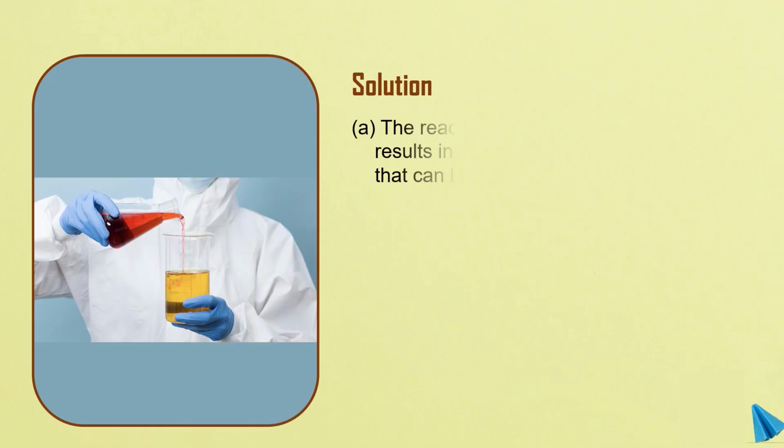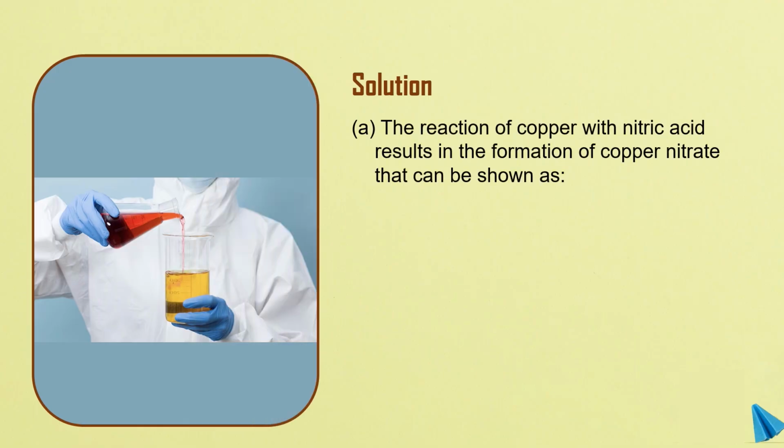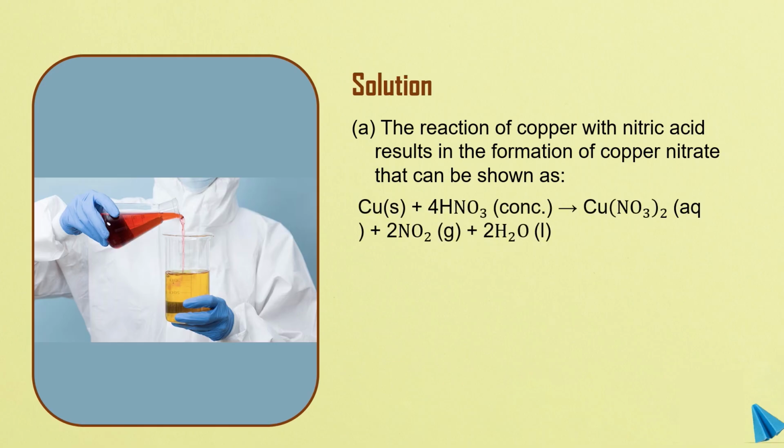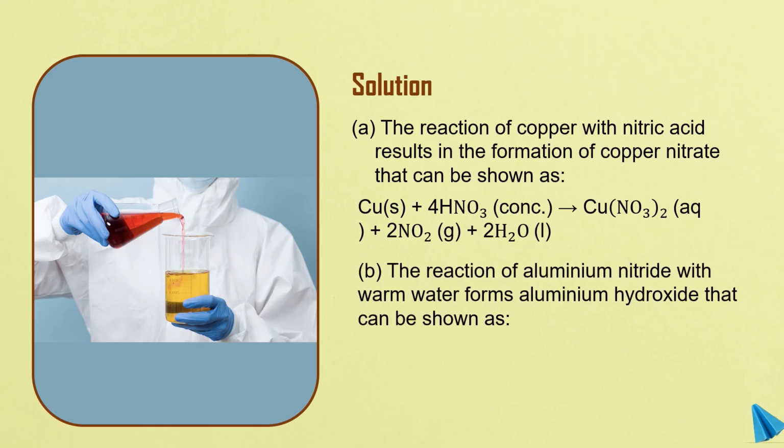The reaction of copper with nitric acid results in the formation of copper nitrate that can be shown as Cu plus 4HNO3, that is concentrated, gives Cu(NO3)2 plus 2NO2 plus 2H2O. The answer to B is the reaction of aluminium nitride with warm water forms aluminium hydroxide that can be shown like this.